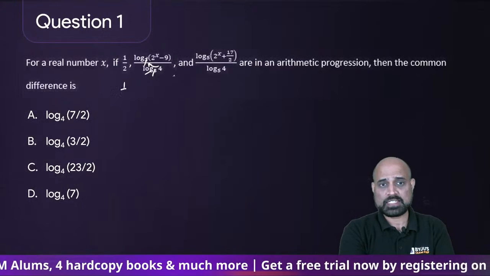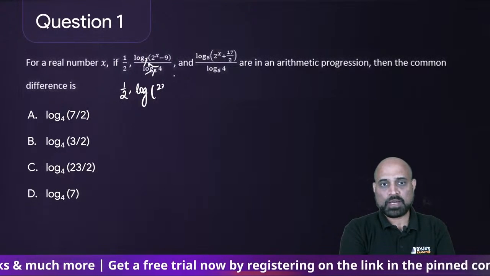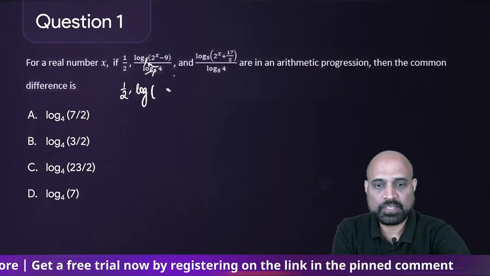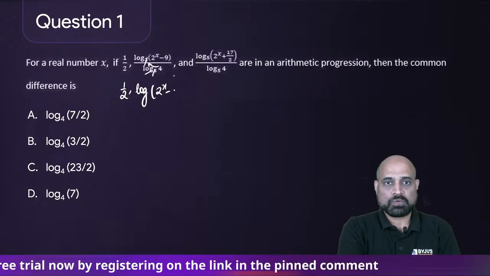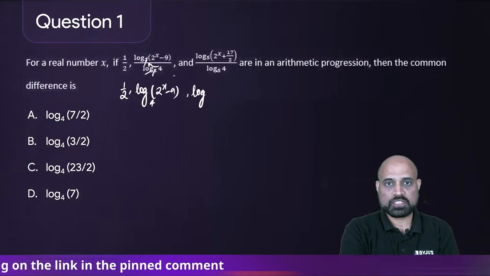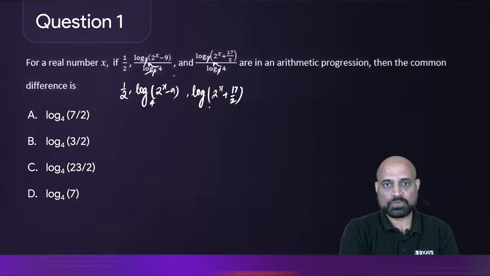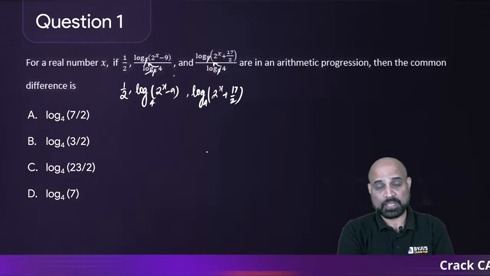So the question is actually 1 by 2 log (2^x minus 9) to the base 4, and the same thing will happen with the third term, log (2^x plus 17 by 2) to the base 4. They are in AP.